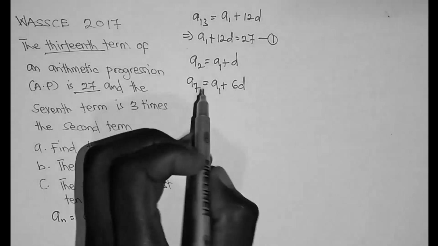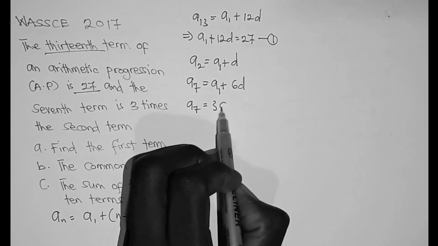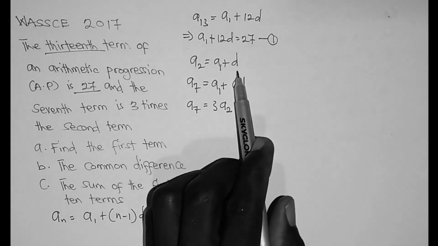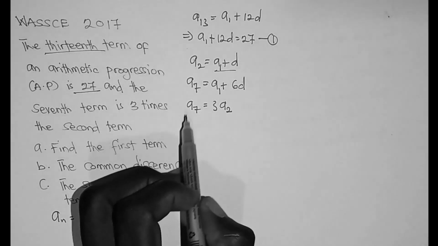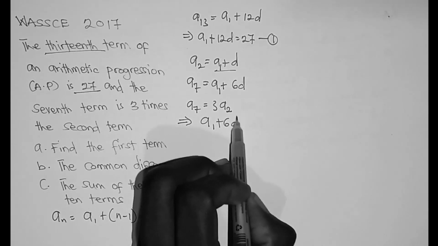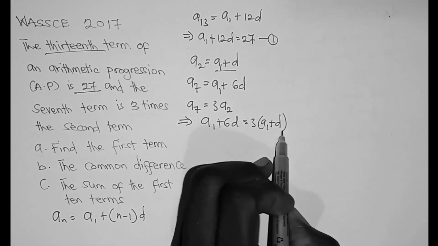And he says that the 7th term is 3 times the second term. So it means that A7 is equal to 3 times A2. So we should multiply this A2 by 3 and equate it to A7. So A1 plus 6d is equal to 3 times (A1 plus d).